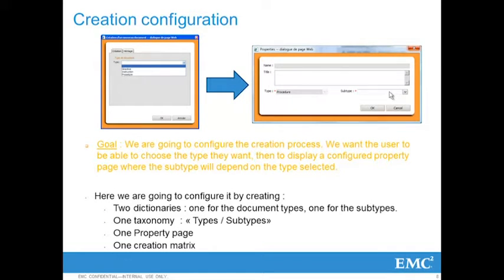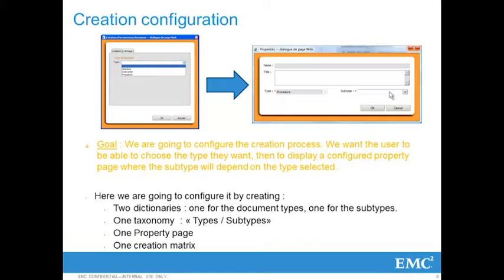It wasn't the long list you're used to seeing in our demo servers of DM document and everything. So a dictionary is a list in D2 that we use to pick which object types we really want to expose to the users and how we can present those in human readable language.